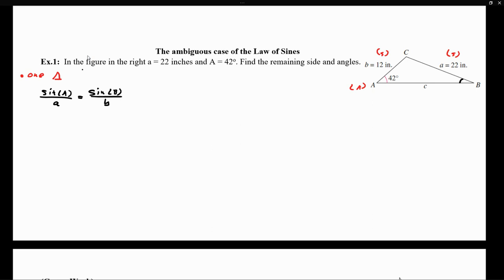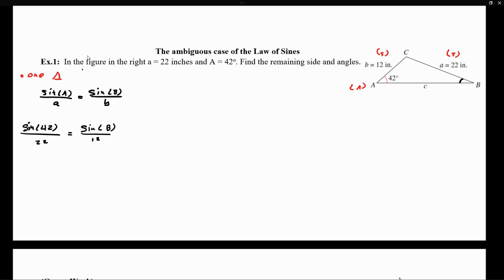We're just going to use it as a regular law of sine, so let's plug in what we know. The sine of 42 over 22 should be equivalent to the sine of B, which we don't know, over 12.